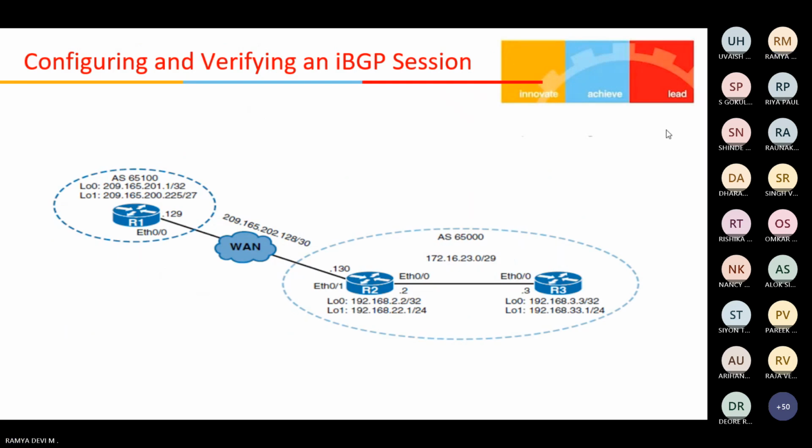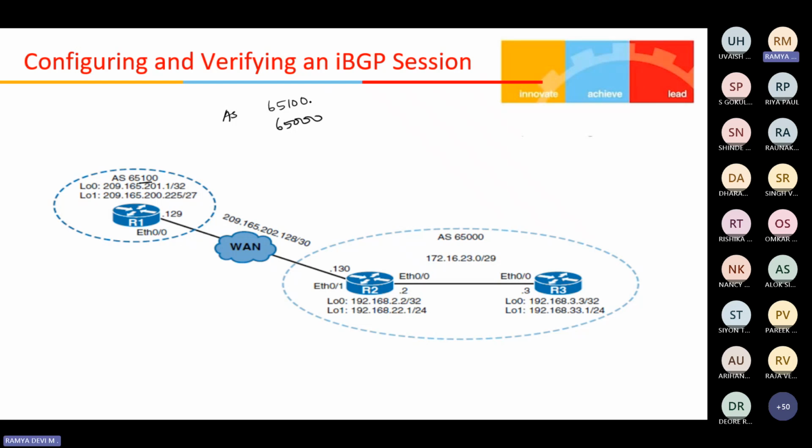Okay. Now we'll see how to configure and verify an IBGP session. The topology overview: you have two autonomous systems, 65100 and 65000.